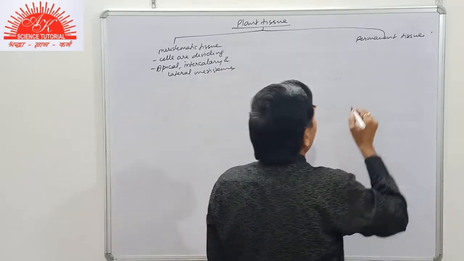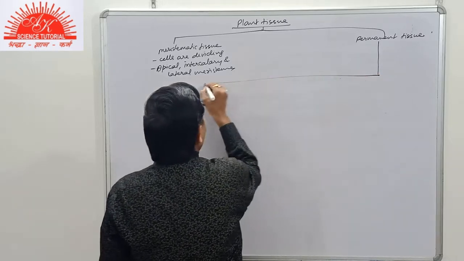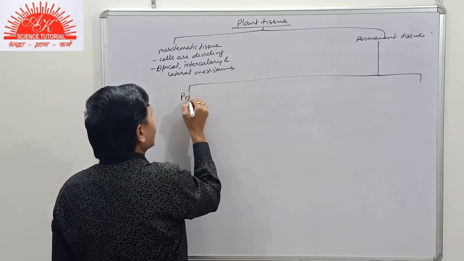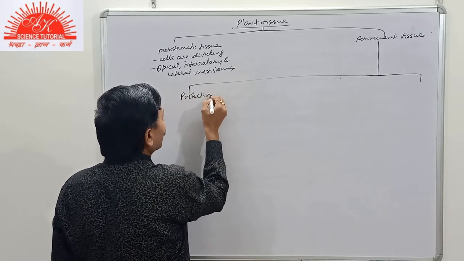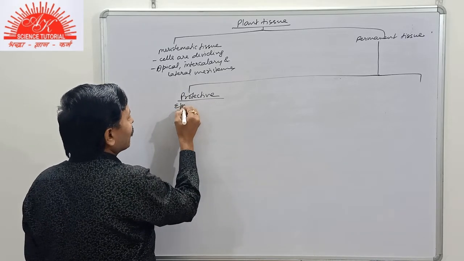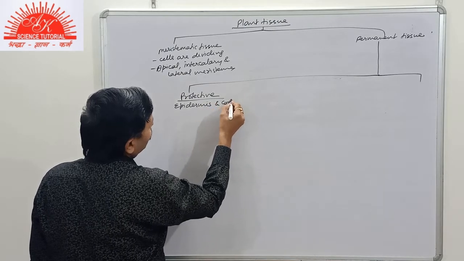Now permanent tissue is of 3 types. First is protective permanent tissue, which was epidermis and cork.